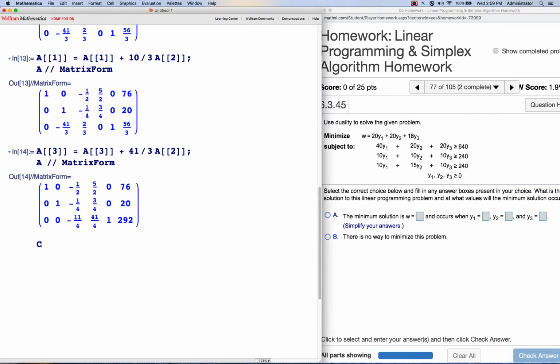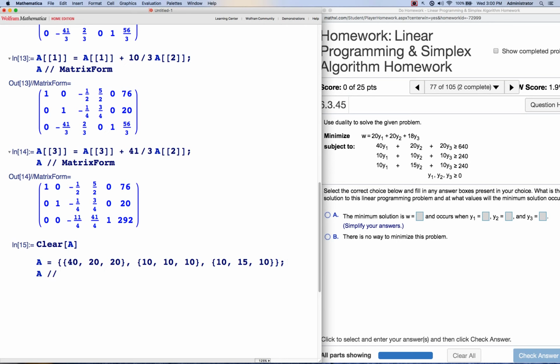So we're going to start with clearing A. A is equal to, I'm going to copy this matrix the way that I see it: 40, 20, 20, 10, 10, 10, 10, 15, 10.